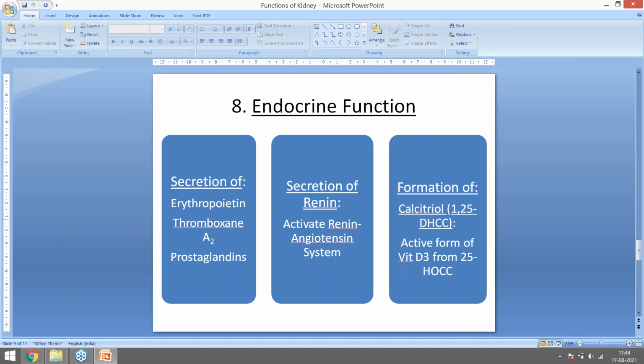And of course, then I also mentioned the secretion of erythropoietin, right, which was stimulating the RBC production. So in addition to erythropoietin, there's also secretion of thromboxane A2 and prostaglandins. So all these come under the endocrine function performed by the kidneys.